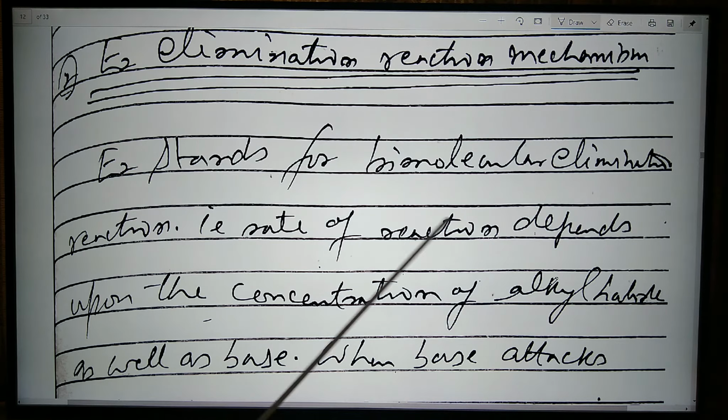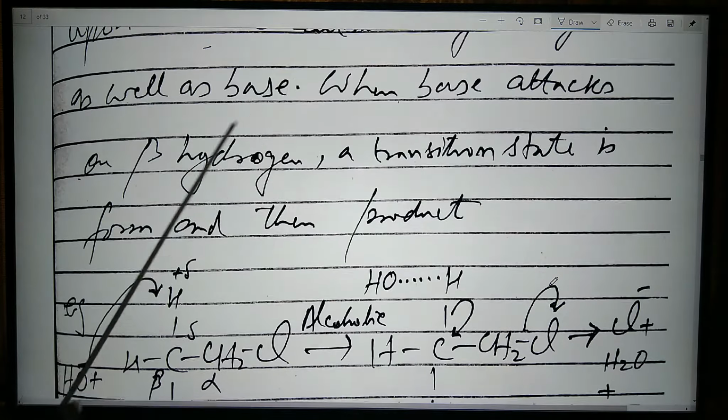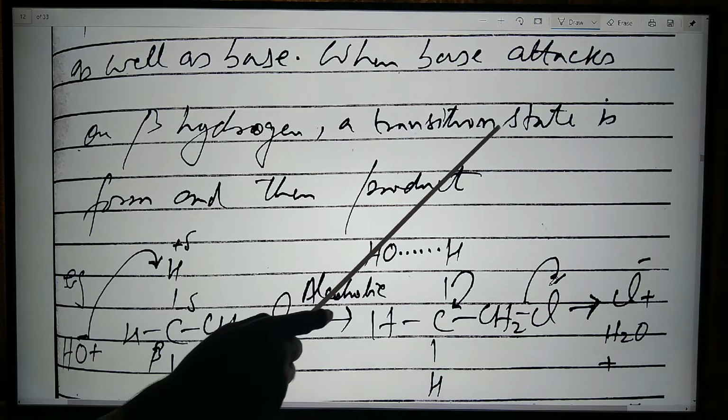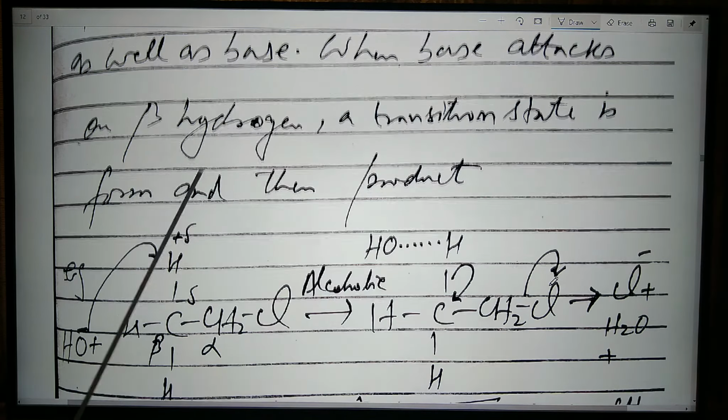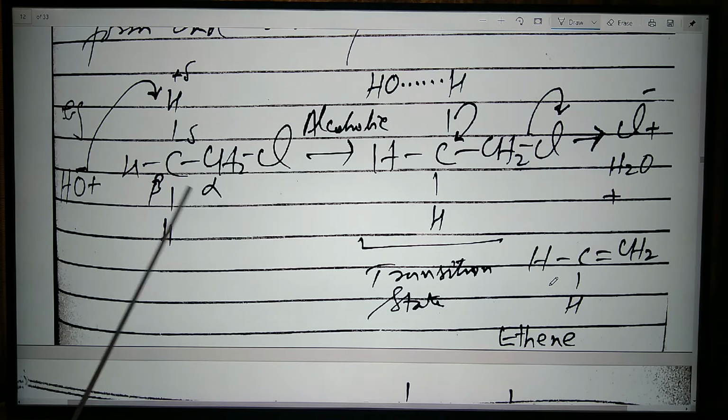That is, the rate of reaction depends upon the concentration of alkyl halide and the base. When base attacks beta hydrogen, a transition state is formed and then product. So this reaction is completed in one step, like SN2.